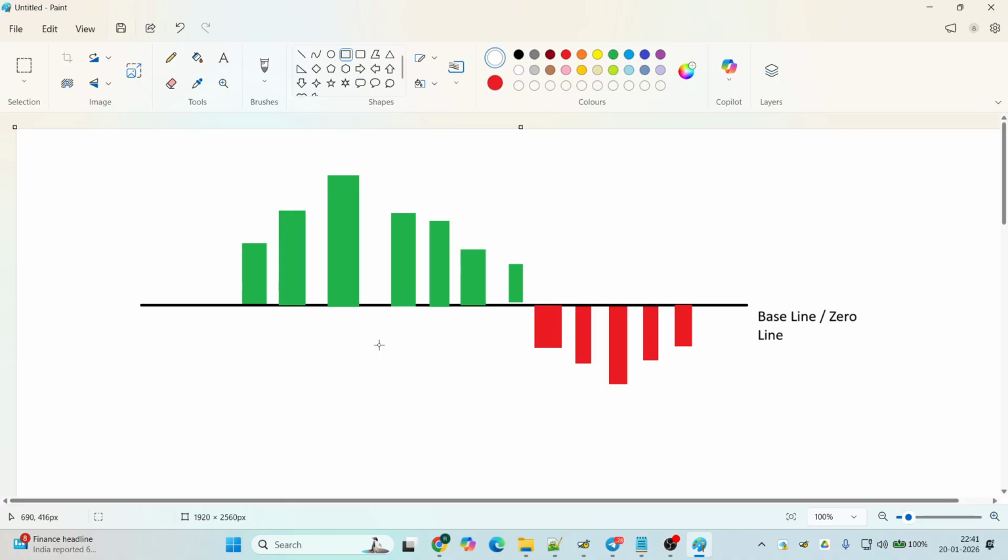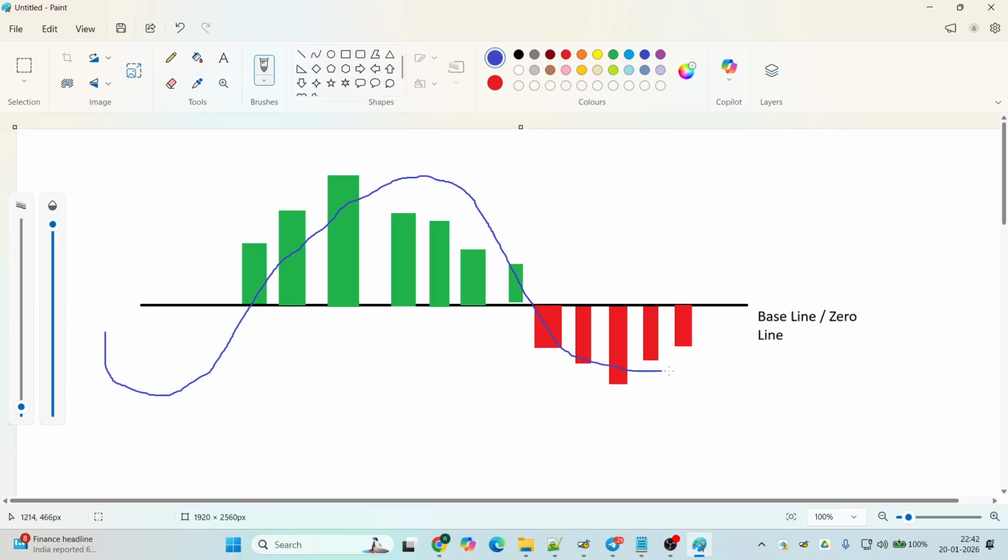The moving average will look something like this. Don't worry, I will explain. Also, there are two moving averages that will be there. It might go something like this.